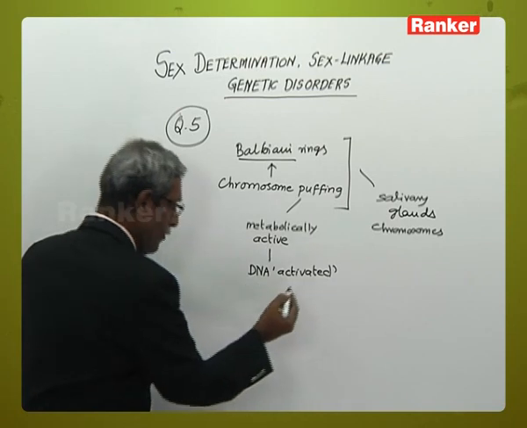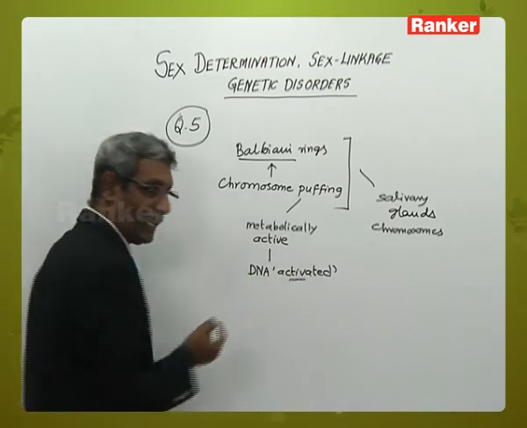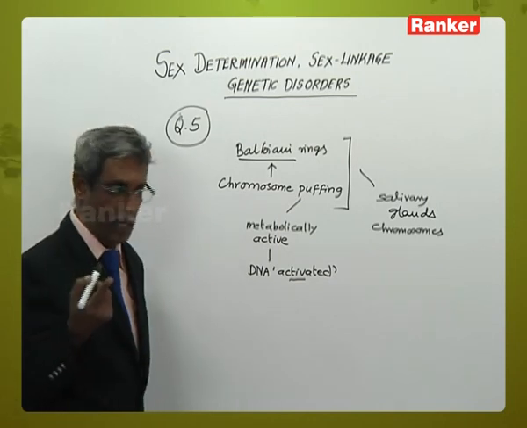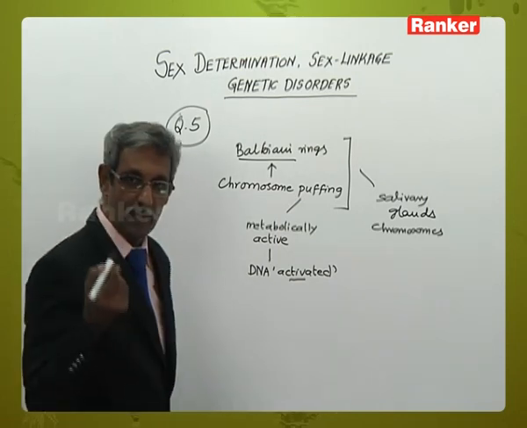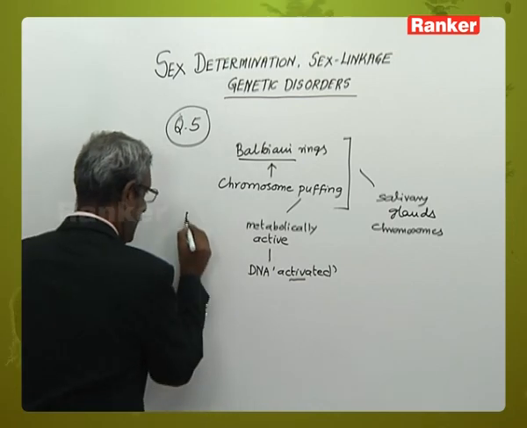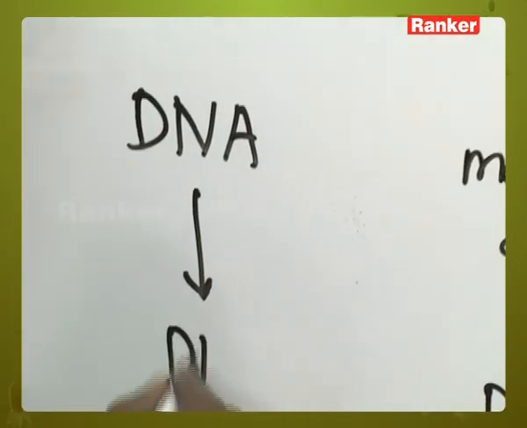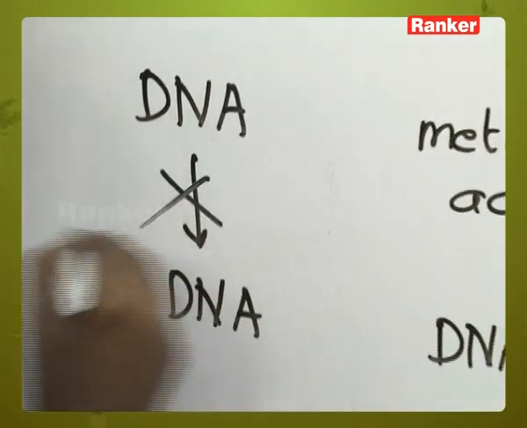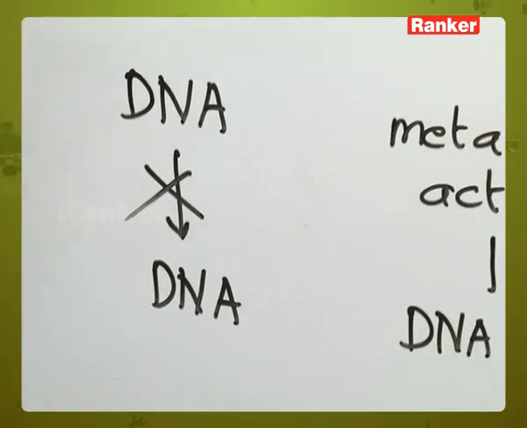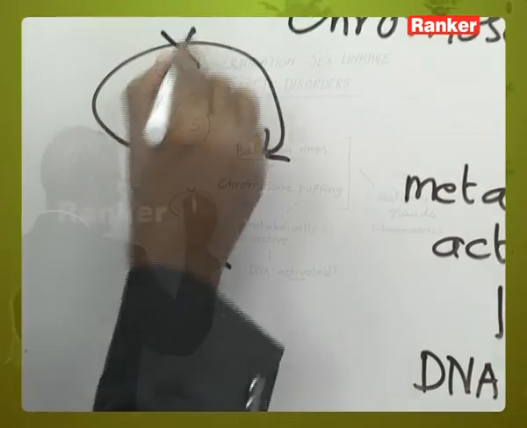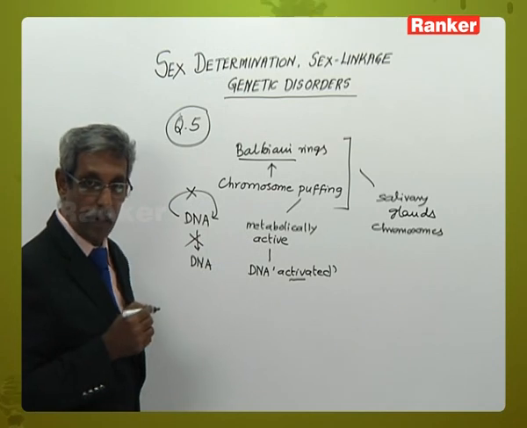So when you see they are actively, DNA is activated, the choices are they the sites of DNA replication? Now they are not the sites of DNA replication because a DNA does not make a DNA. So this is DNA replication, DNA duplication, DNA doubles itself. So even the second choice is wrong.